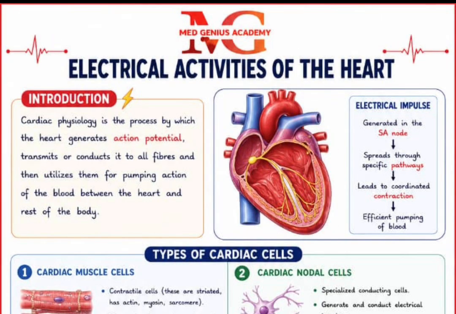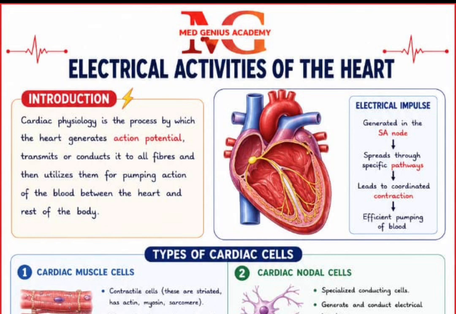So now we'll be starting with the introduction to what electrical activities in the heart are. We start with what we call cardiac electrophysiology. Cardiac electrophysiology is the process by which the heart generates action potential, transmits and conducts it to all fibers, and then utilizes them for the pumping action of the blood between the heart, the blood vessels, and the rest of the body.